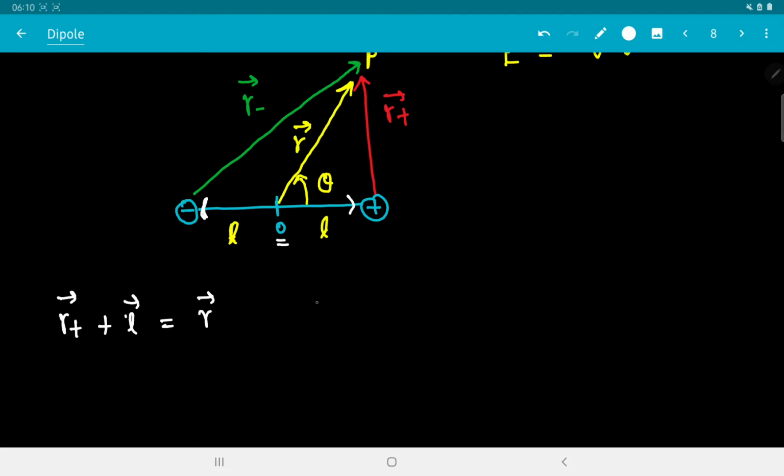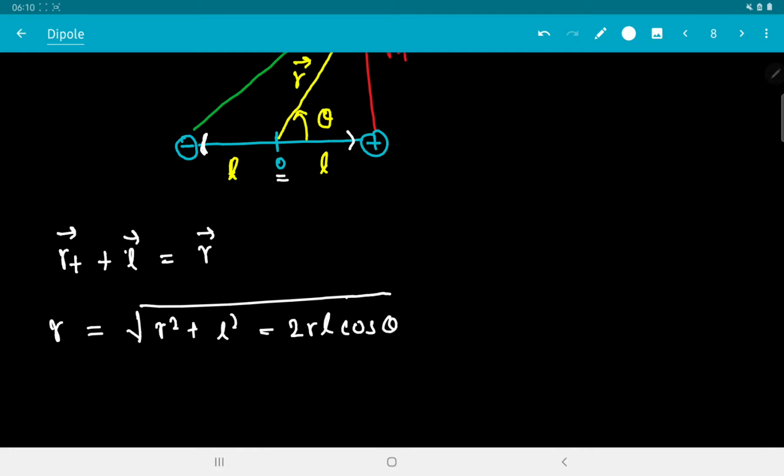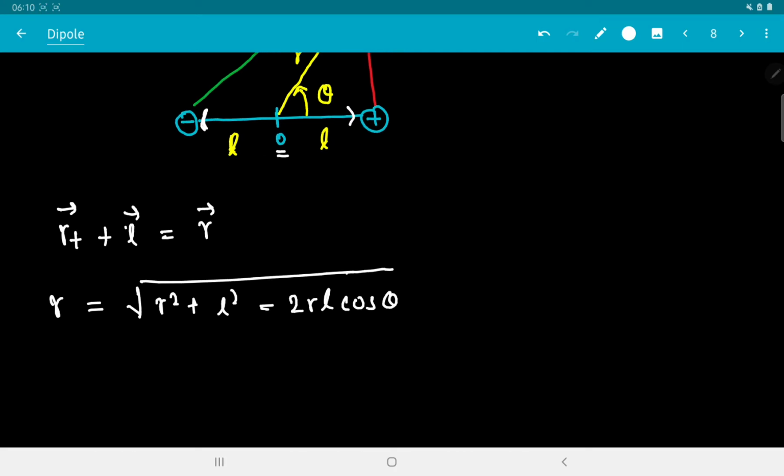So we can write this r vector magnitude as equal to square root of r square plus L square minus 2rl cos theta. Here we are using the law of vector addition, where we get the magnitude as a square plus b square minus 2ab cos theta.